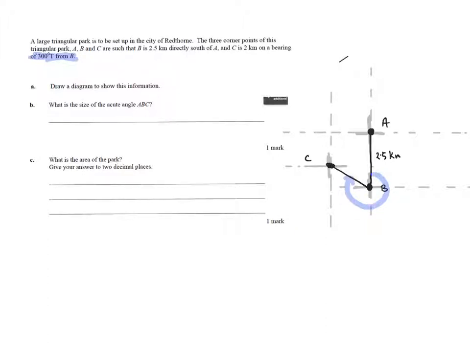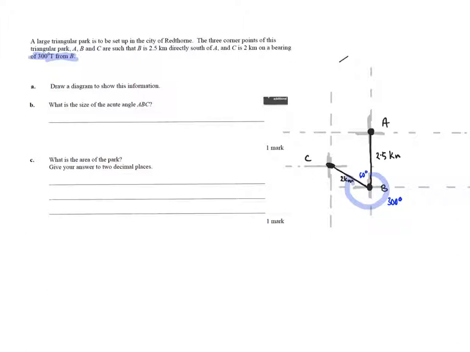And then I've got C. So I've drawn my line. So I know that the blue line is 300. So I start adding things in, like I know that is 60, don't I? Because if I went all the way around a full circle, I'll know that's 360. So I've got things like that. They also told me the distance, I think, didn't they? That was 2 kilometres. So I've got that in there.